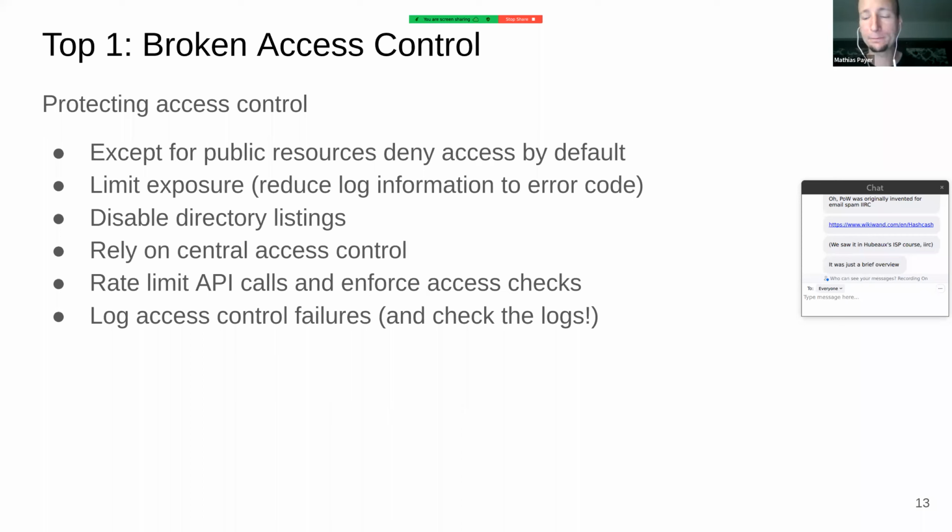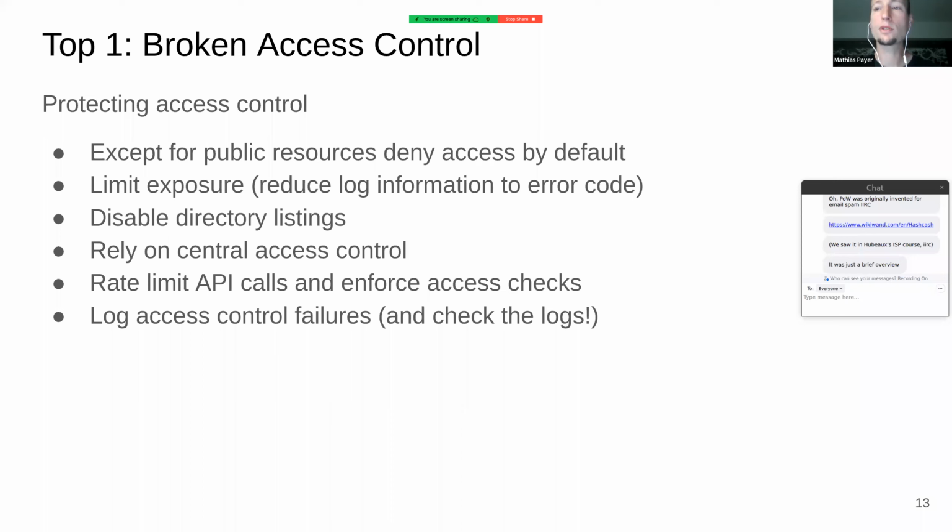And then limit the amount of damage that an attacker can do by enforcing some form of compartmentalization on the different services. Interestingly, over the last couple of years, broken access control has moved up and up and up. This is now the top threat in the OWASP ranking, right?